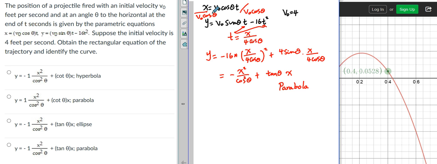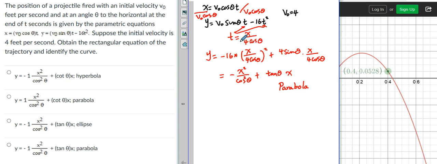So we have x equals v sub 0 cosine theta t. That's the one right here, and v sub 0 is the initial velocity, 4 feet per second. Now, divide everywhere by the coefficient of t, which is v sub 0 cosine theta. Then the left-hand side is x over 4 cosine theta, because again v sub 0 is 4.